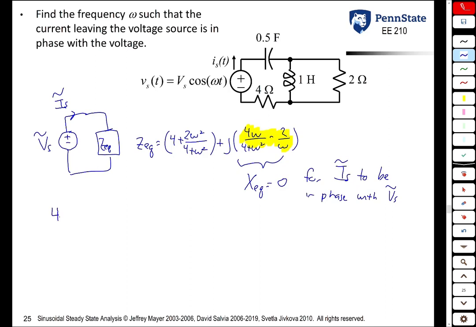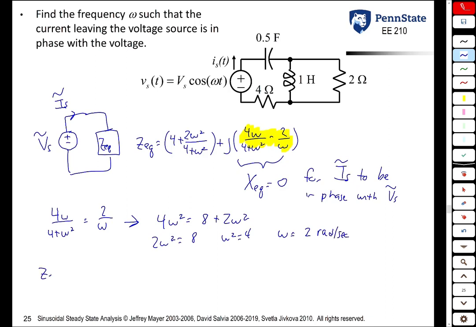Basically, we want 4 omega over 4 plus omega squared to equal 2 over omega. So we get 4 omega squared equals 8 plus 2 omega squared, or 2 omega squared equals 8. Omega squared is 4, or omega is 2 radians per second.